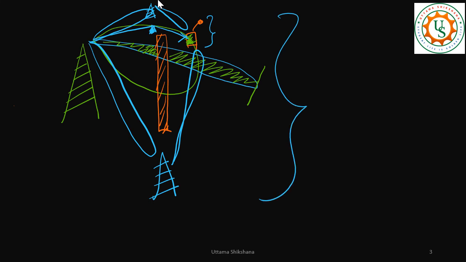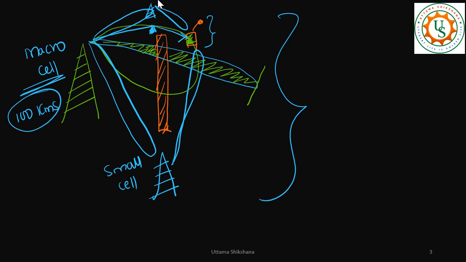But here, what we need to know is what this cell is. This cell here can be called a macro cell. This is called a small cell. So we need to know the difference. The difference is that a macro cell covers a distance of around 100 kilometers; the cell radius will be 100 kilometers. The small cell radius will be a few kilometers or even a few meters and things like that.